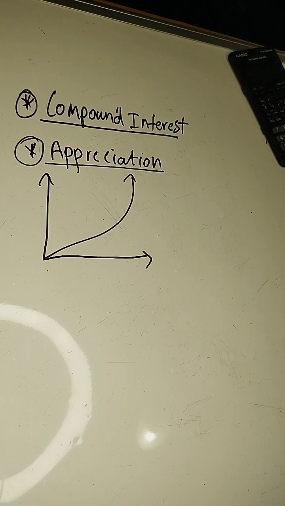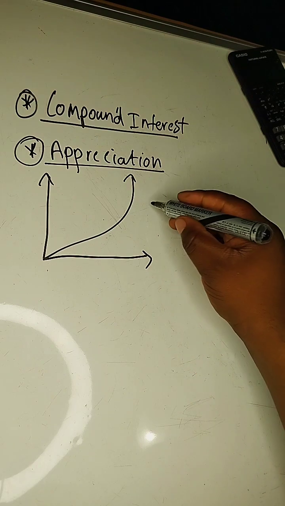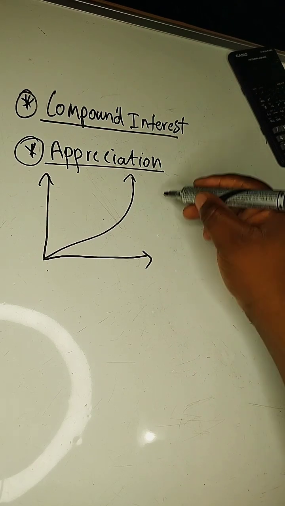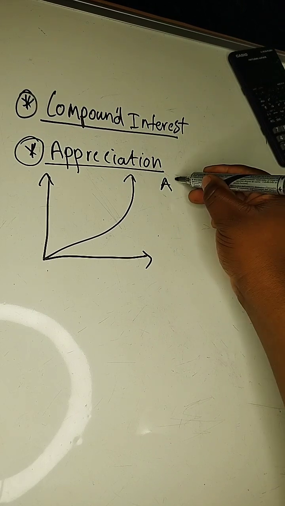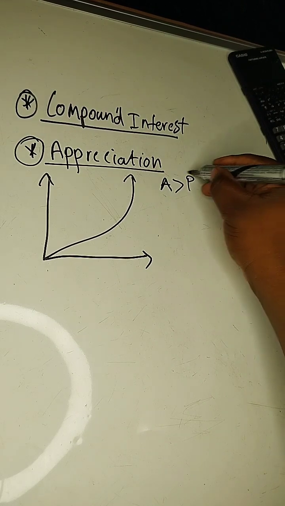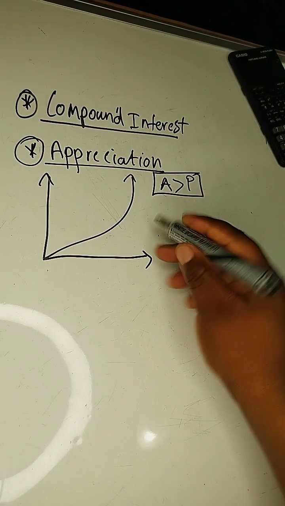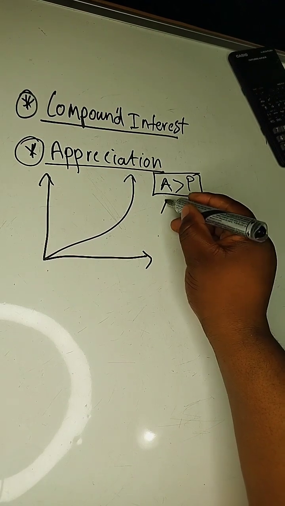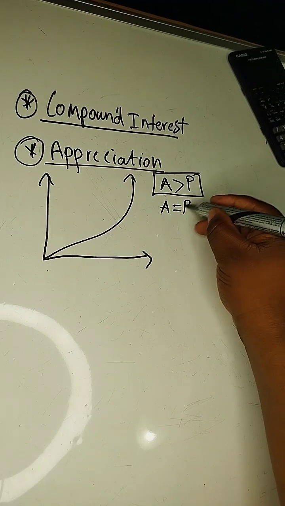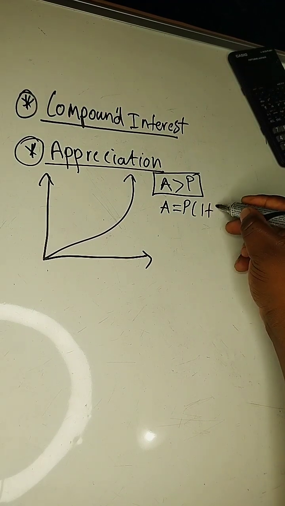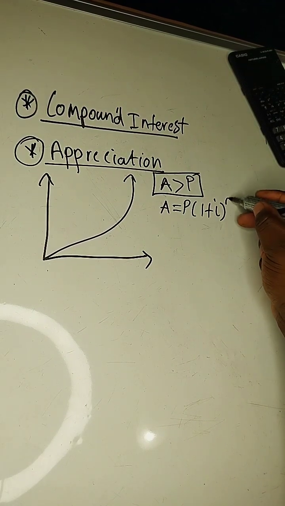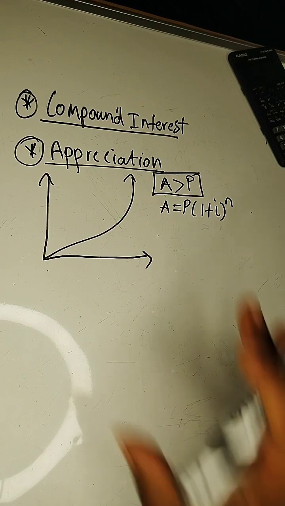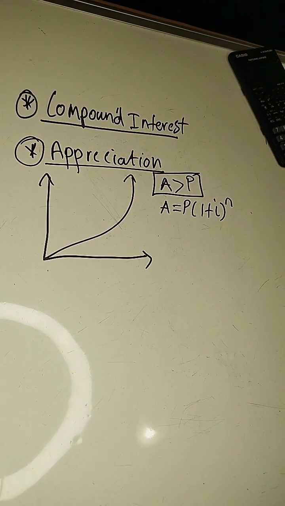It's an increasing function, so we know that our A is greater than our P, because it's an appreciation. Hence, we have a formula that says A is equal to P into 1 plus I, then it has exponent n. That's why it's an exponential graph, as you see it.